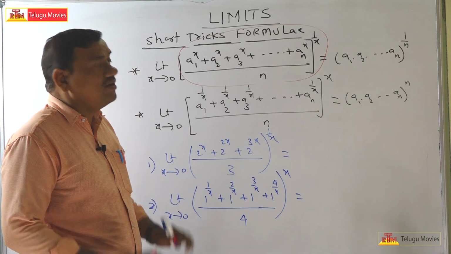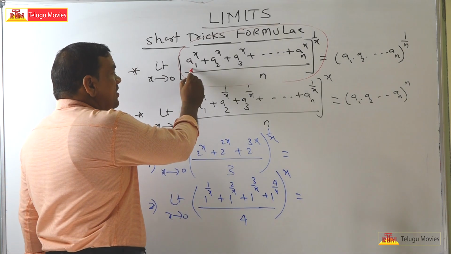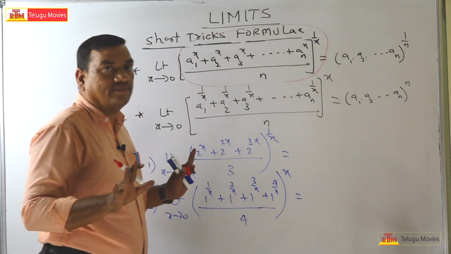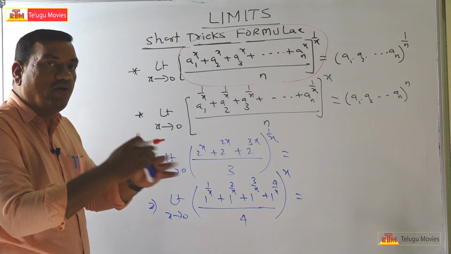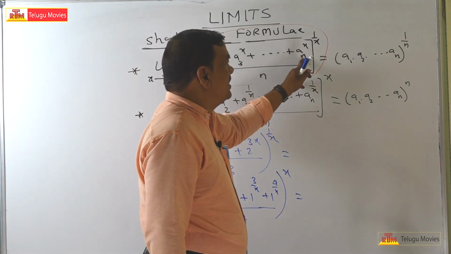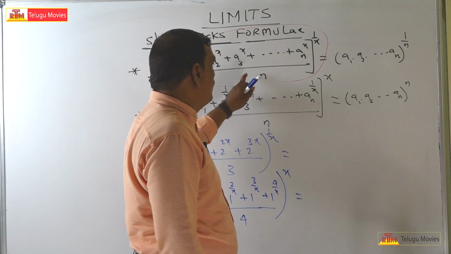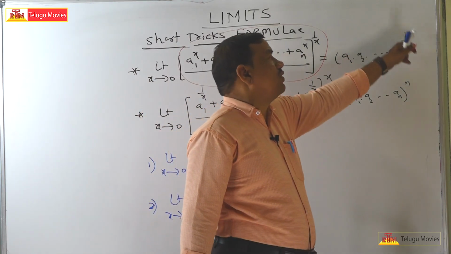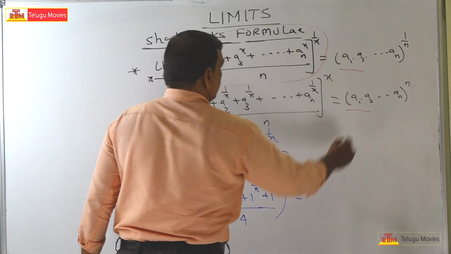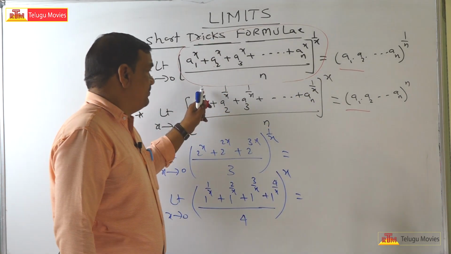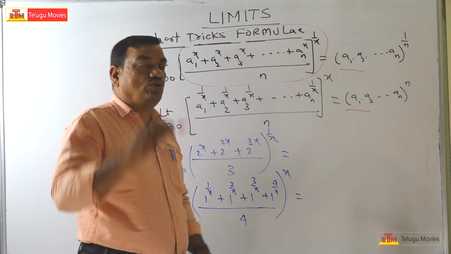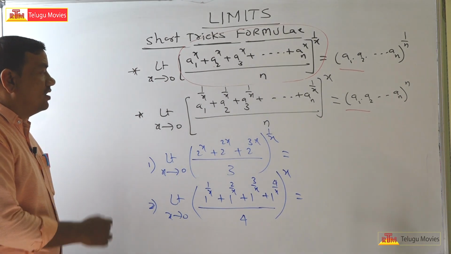Then your answer is a1 into a2 into a3 and so on up to an, whole to the power of 1 by n, where n is how many terms are there. Same formula applies for the first one and the second one. Now using this, let us solve the problem.